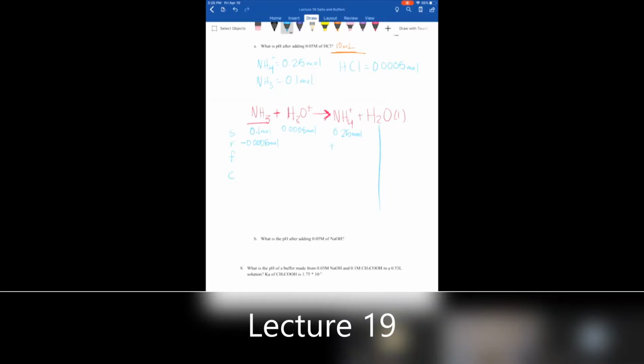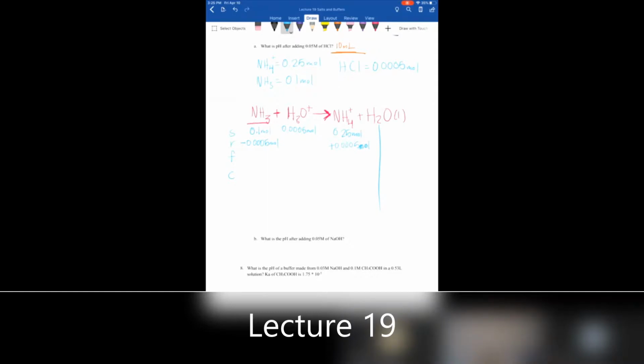Yeah. And do you know why the NH3 is losing moles? Because it's reacting with the HCl. Perfect. Okay. All right. So I don't know what 0.1 minus 0.0005 is.